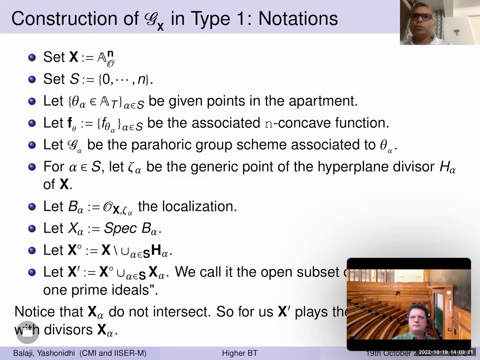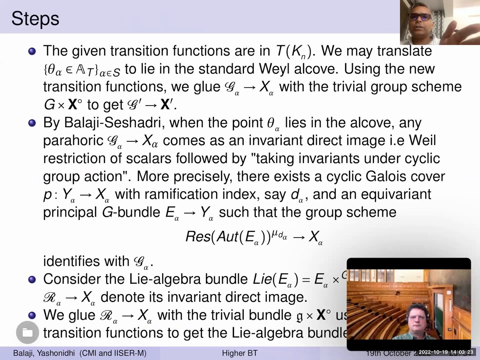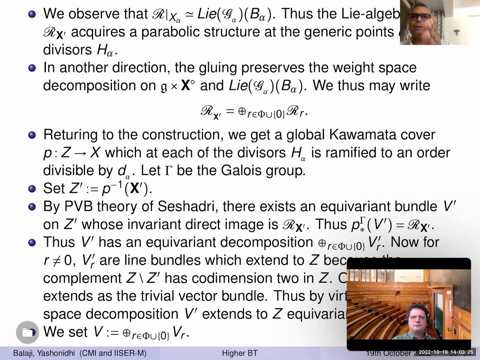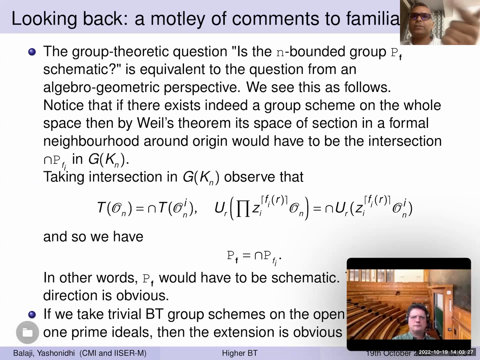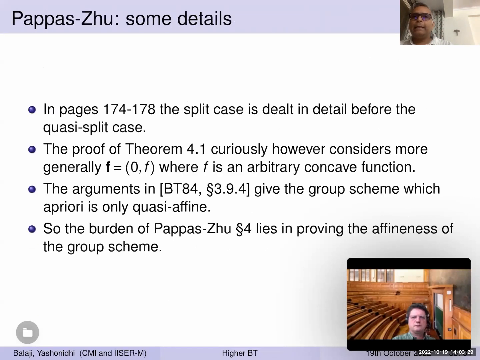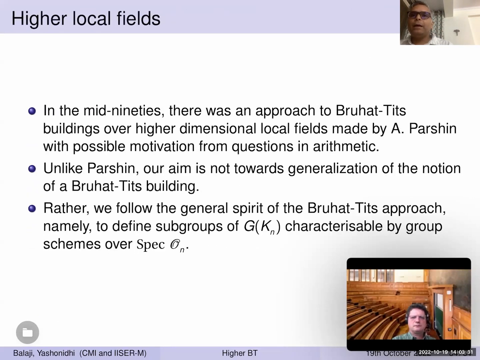Okay. So, well, the construction and the steps are long, and this is some looking back. In the mid-90s, there was an approach to Bruhat-Tits buildings over higher dimensional local fields made by Parshin, with possible motivation from questions in arithmetic.